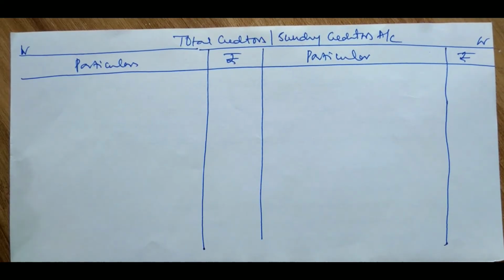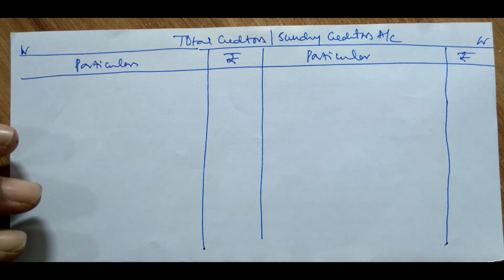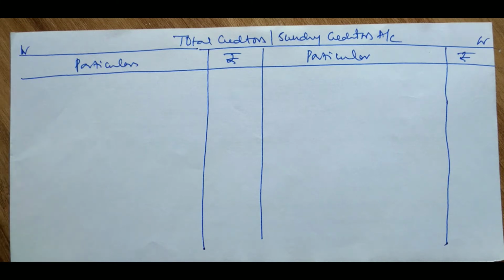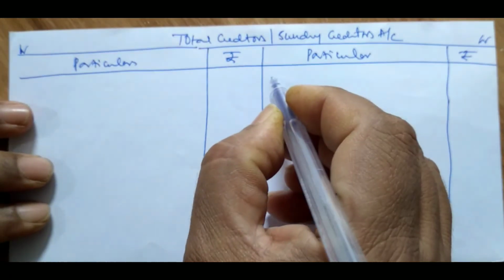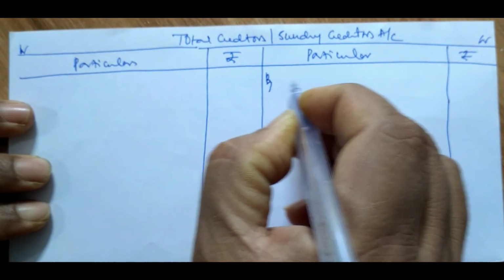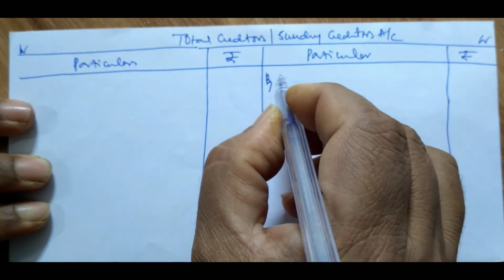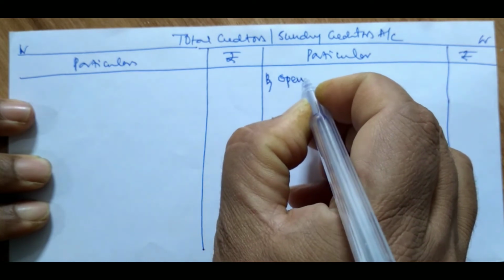After preparation of total bills payable or sundry bills payable account, let us prepare total creditors or sundry creditors account to find out credit purchases. Sundry creditors is the liability. The opening balance shows credit side.